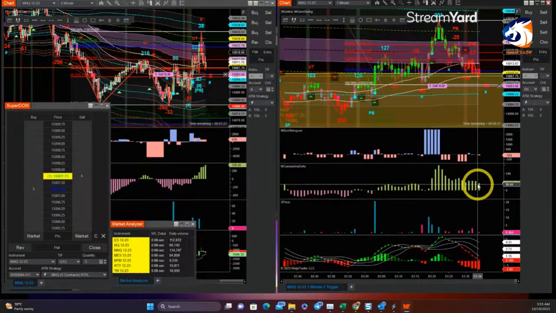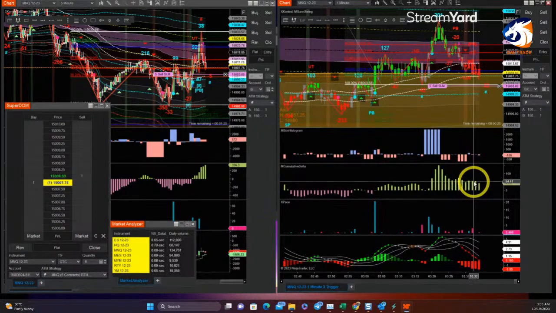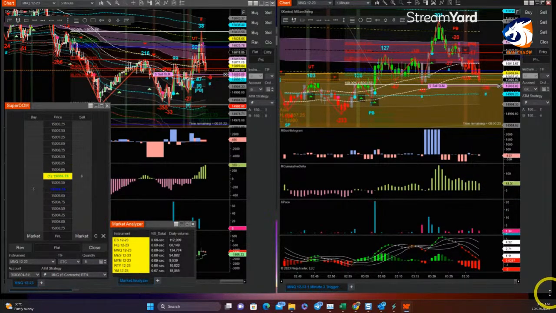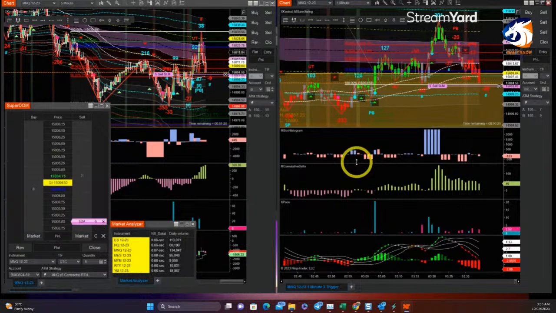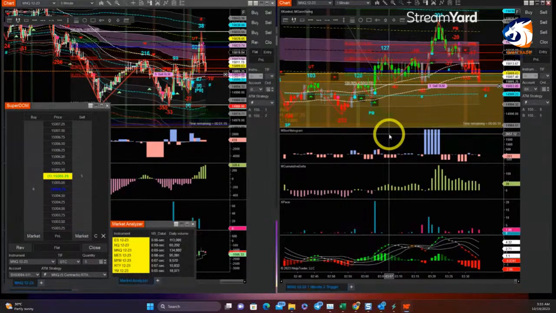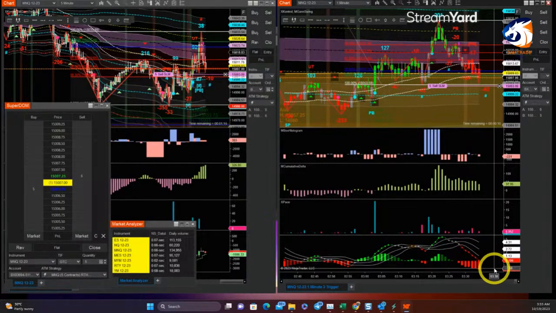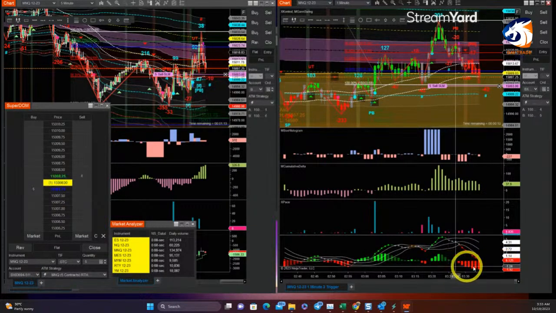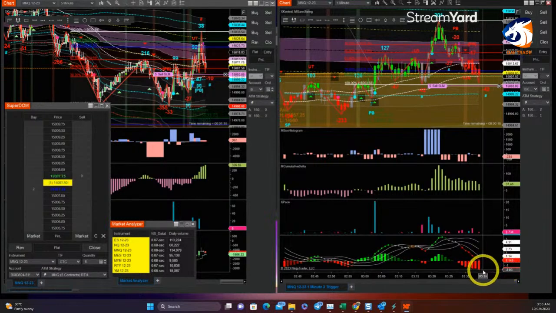There, we're heading down here. See this? Decreasing now. We're now below, is this right? Yeah, not yet. Not yet below the 0 line on the MACD.